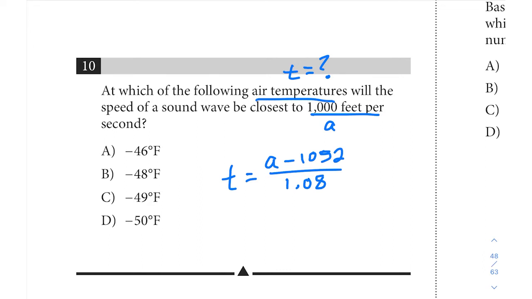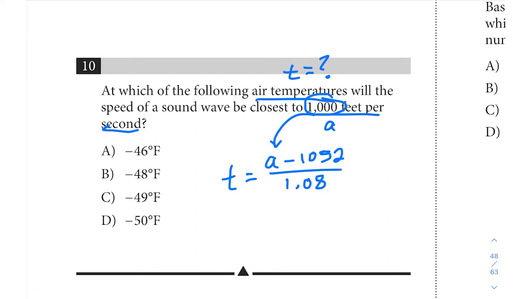And when we go to use that equation, we just have to figure out what we're supposed to plug in for A. And remember, A is the speed of a sound wave in feet per second, which they tell us here is 1,000 feet per second. So we're plugging in 1,000 for A in this equation in order to solve.